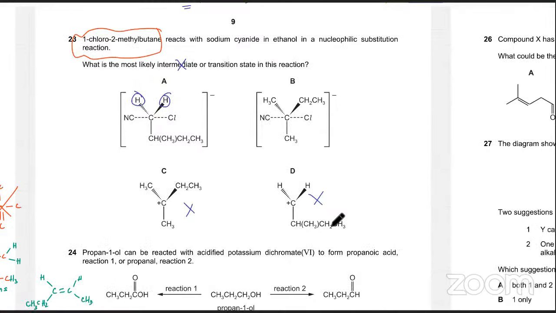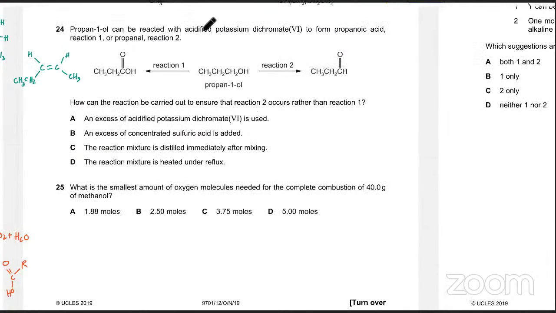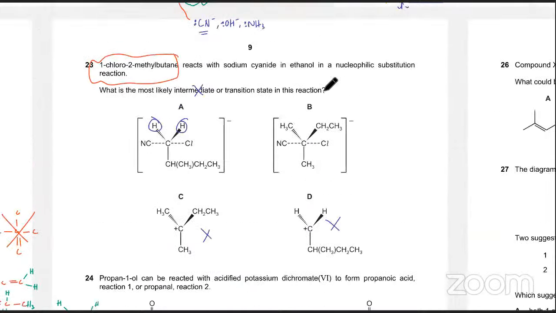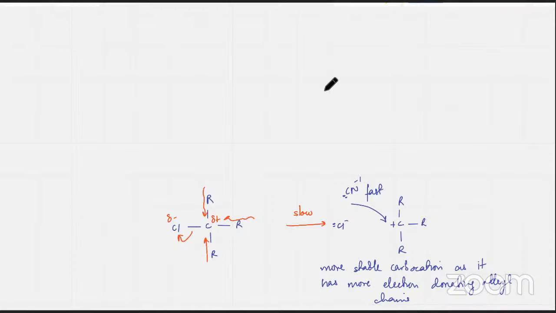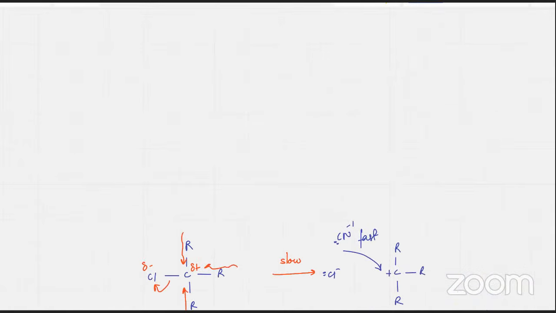So now the next one is about oxidation of alcohols. Remember, that's very important. Let's quickly go over that as well. You have to remember that primary alcohols get oxidized and turn into aldehydes.